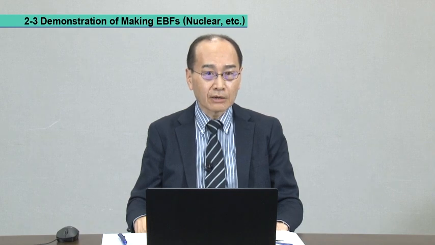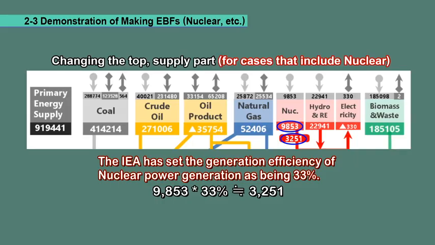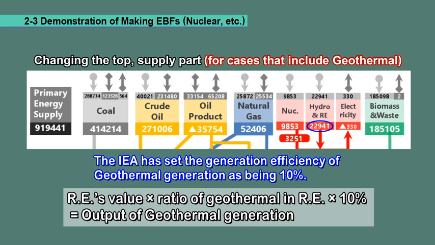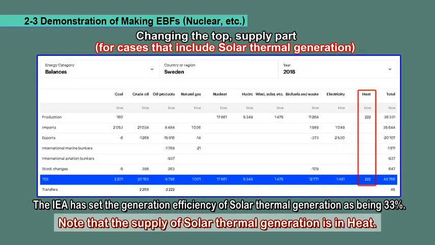This has been an explanation of making EBFs that include nuclear power generation and on-site power generation. The first point is in the case of nuclear. 33% of the primary energy supply is converted to electricity. If geothermal primary energy supply is included, 10% is likewise converted to electricity. In the case of solar thermal, 33% is likewise converted to electricity.